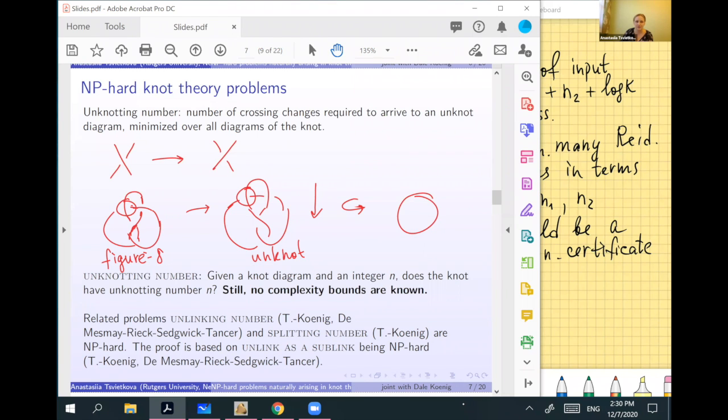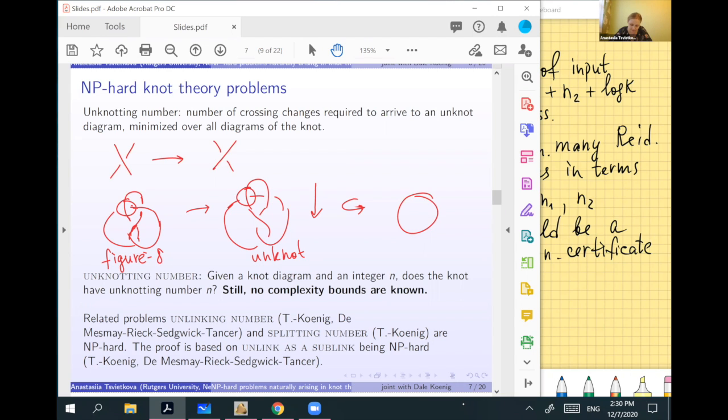So the fact that you have to minimize over all diagrams, of which there are infinitely many, makes unknotting number very hard to find. Unlinking number is something similar when you have not knots but links with several components. And splitting number is something similar where you try to just split components from each other, make them disjoint, disconnected.